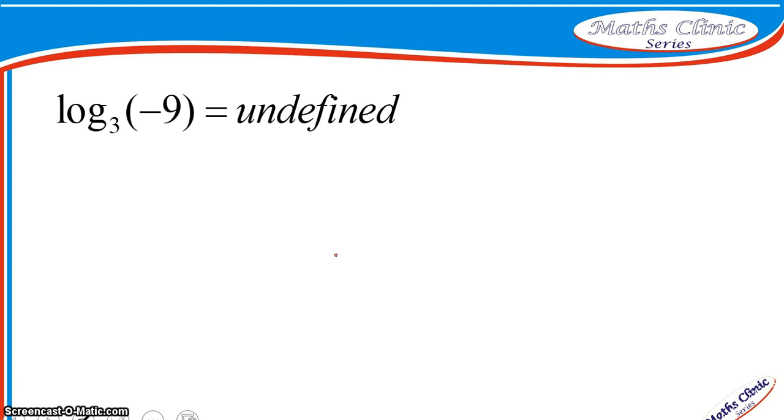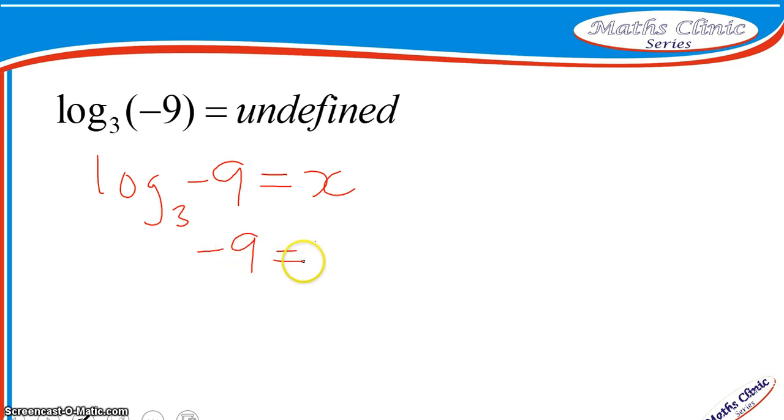Let us assume that this is not undefined, and I have log base 3 of negative 9 and I assume it to be, let's say, x. Then per the definition we learned earlier, we can say negative 9 is equal to 3 to the power x. Now negative 9 can be written as negative 3 squared, and negative 3 squared will give us negative 9.